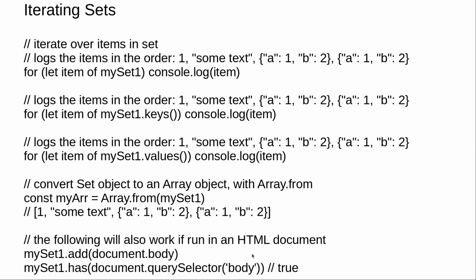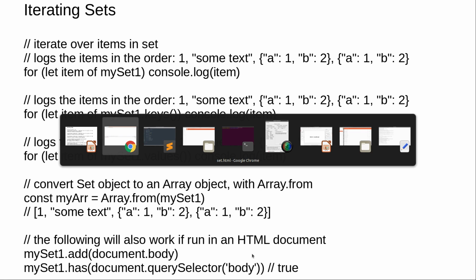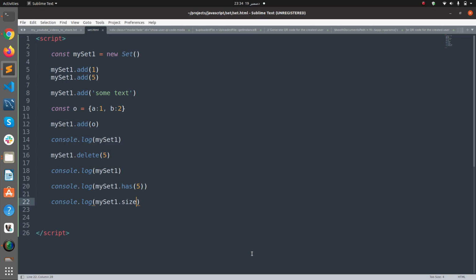Okay, iterating through sets. We can iterate through the items of the set in various ways. One is the for loop. So here I can say for let item of mySet1, console.log(item).